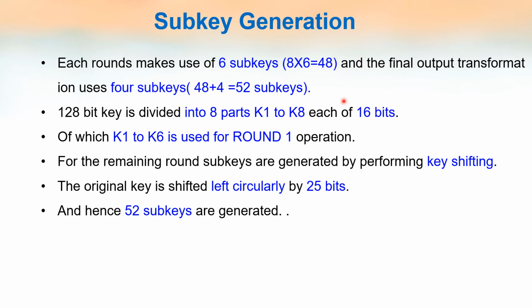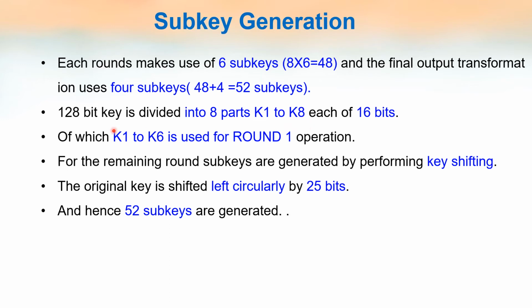The size of each subkey is 16 bits. The plain text part is 16 bits, and similarly the subkey size is also 16 bits. So 128 divided by 16, we get 8 subkeys. The 128-bit key can be divided into 8 parts of length 16 bits, that is K1 to K8.